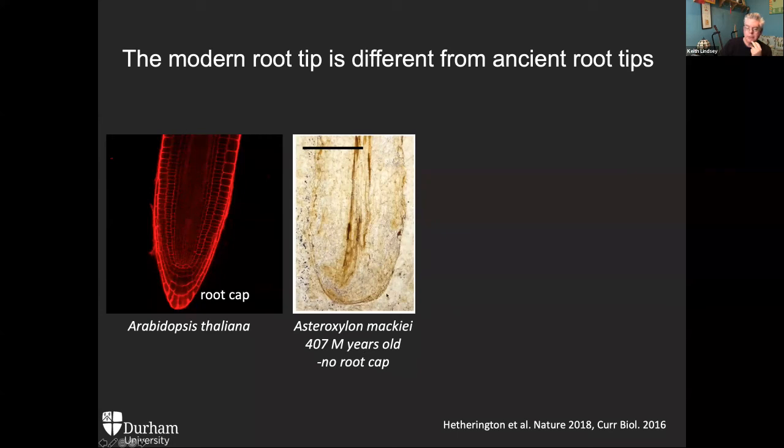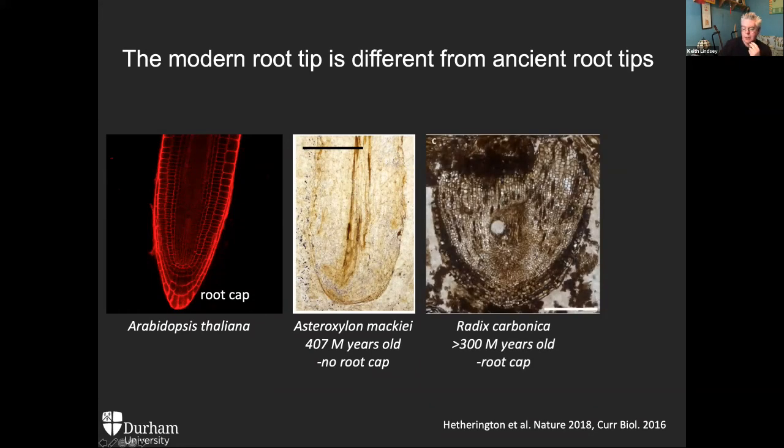So the oldest plants, and this is the oldest root meristem found to date, have no root cap. Whereas 100 million years on, this is a 300 million year old root, you can see that it's evolved the root cap.